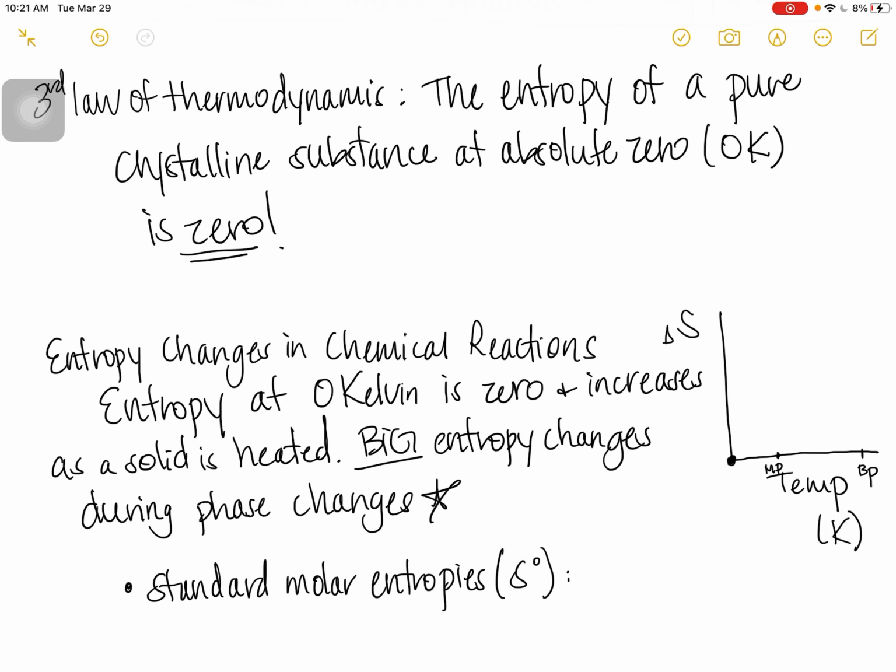So then if I take my substance theoretically at 0 Kelvin and I raise its temperature, well, obviously it would be a solid, but the entropy would increase because I'm giving heat, kinetic energy, to the particles, and those particles are starting to move. So I would see an increase in my entropy, something maybe like this, until it gets to the melting point, where then at the melting point, when we do a phase change from solid to a liquid, and liquids have much more entropy than solids, my increase in delta S is very large.